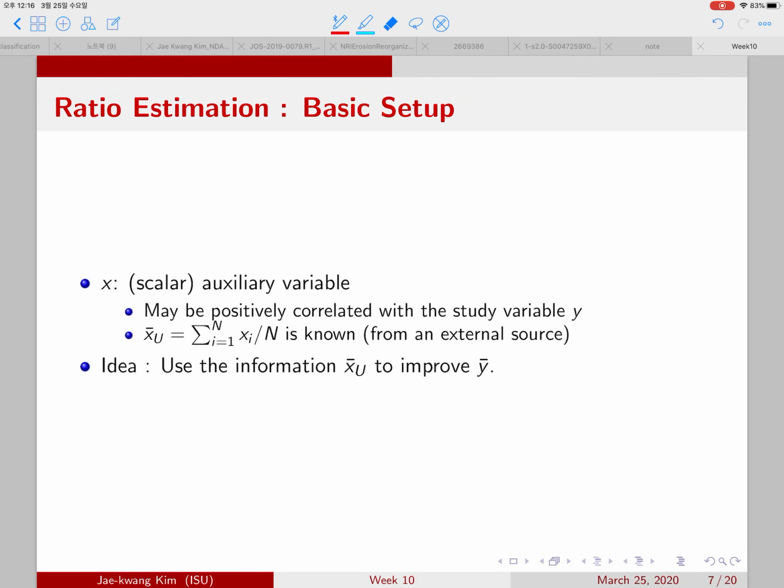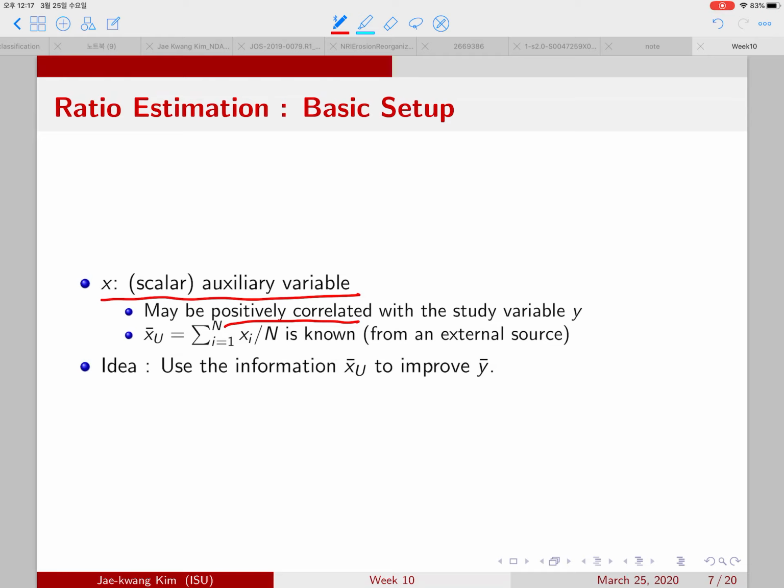Now we'll study ratio estimation more formally. We'll use x to denote a scalar auxiliary variable. There are two conditions about this auxiliary variable. First, it should be positively correlated with the study variable y. Otherwise, the ratio estimation does not help.